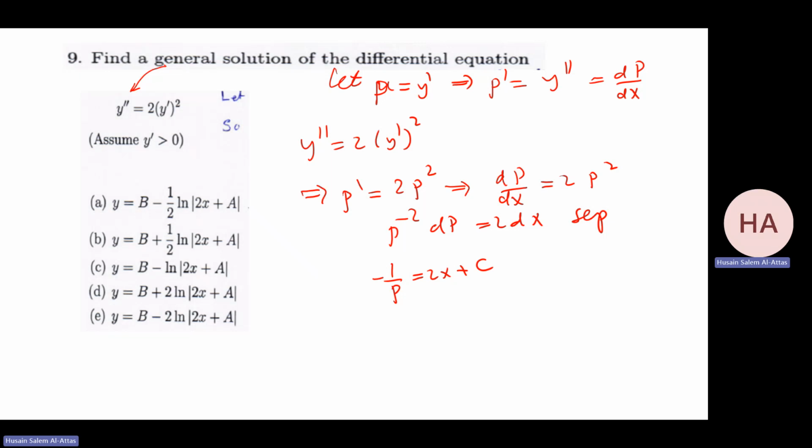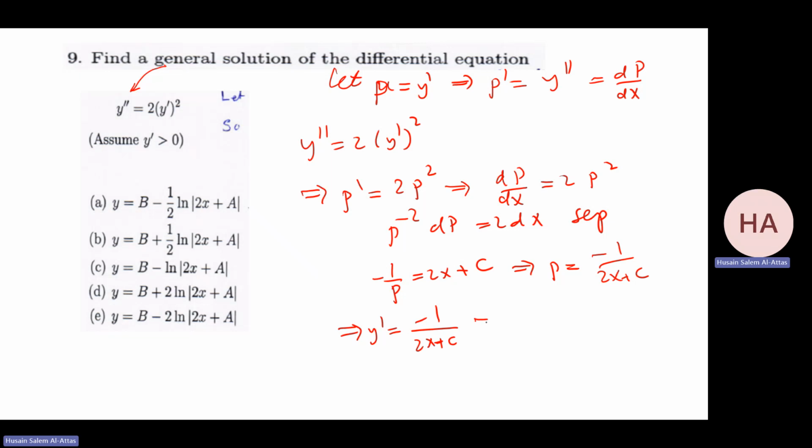That means p is what? Minus 1 over 2x plus c. But this is y prime. So I have y prime is minus 1 over 2x plus c.